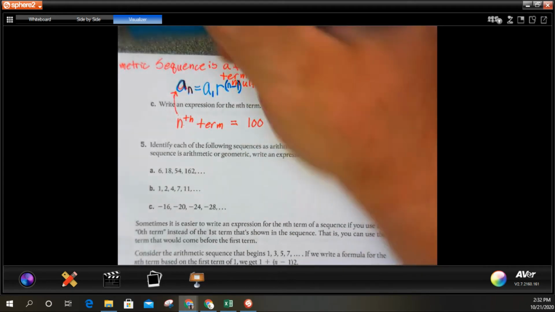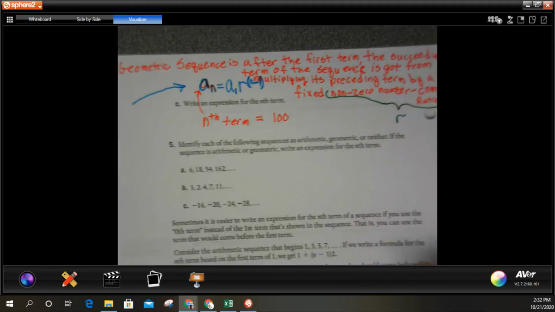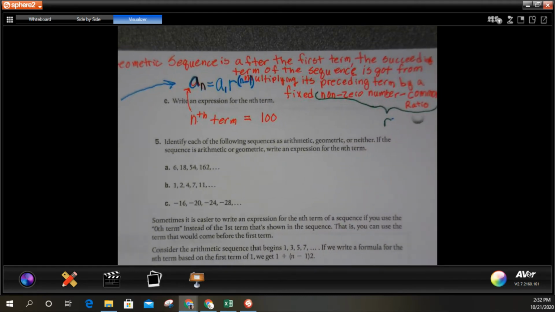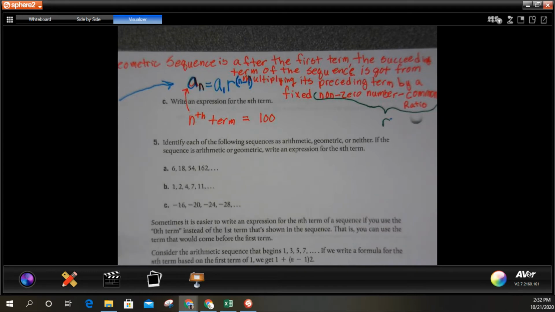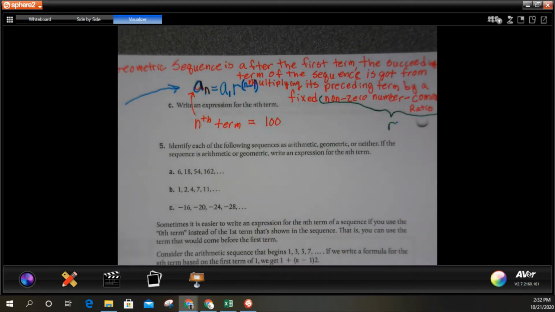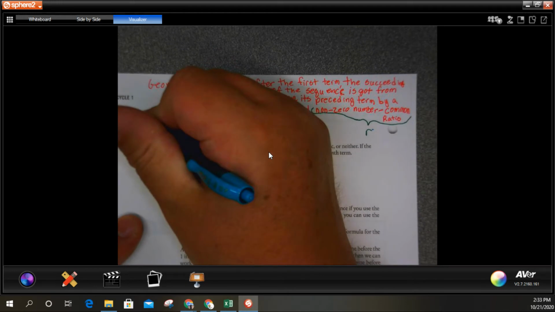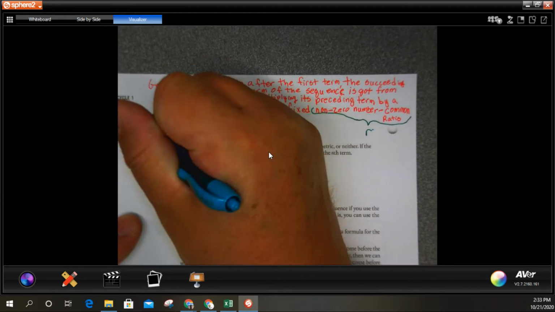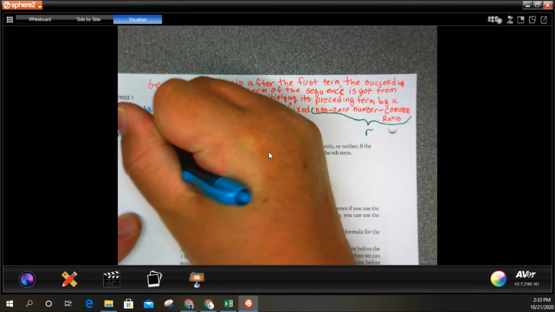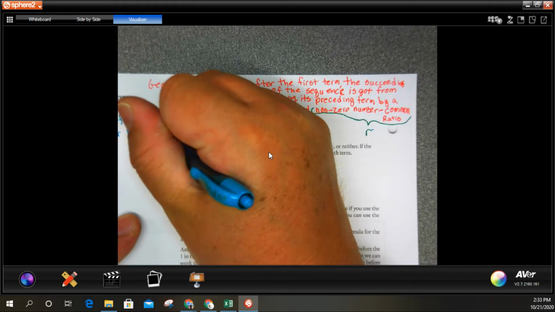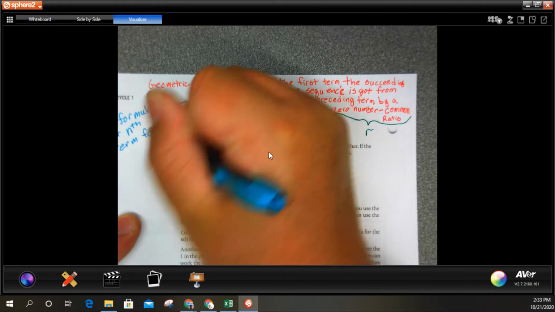So I know it's confusing, and it's not an easy thing to come up with. We call this, in this case, the general equation for the nth term for this sequence. Okay, so this is a formula for the nth term for this sequence.